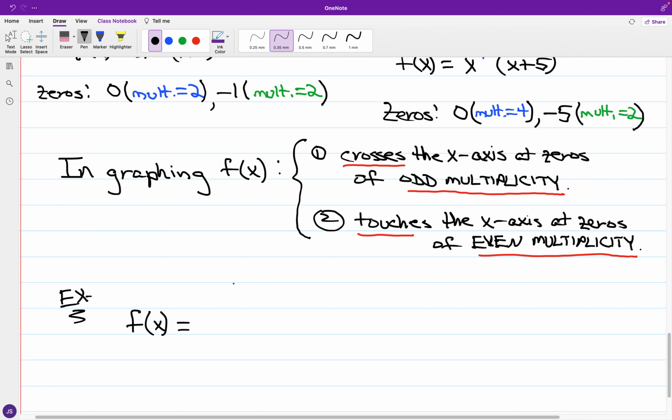So f of x is equal to x plus 2 to the fourth, times x minus 3 to the second, times x minus 6 also to the second, and times the quantity of x minus 10 to the third.